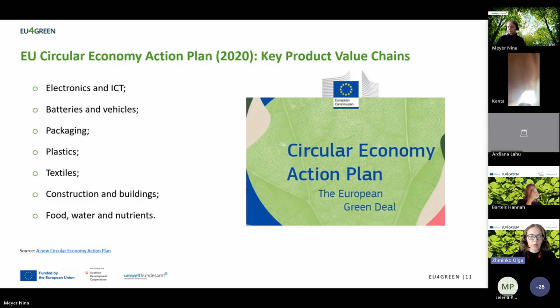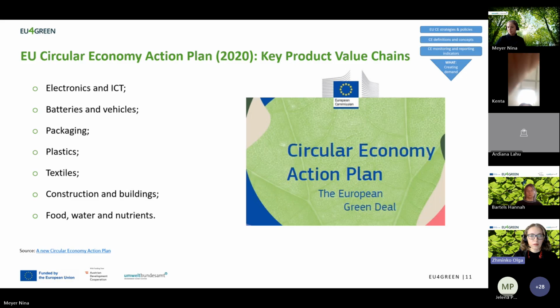These are the most important, impactful industry sectors, where transitioning to circularity would provide the most impact in respect of decreasing CO2 emissions and environmental impact.